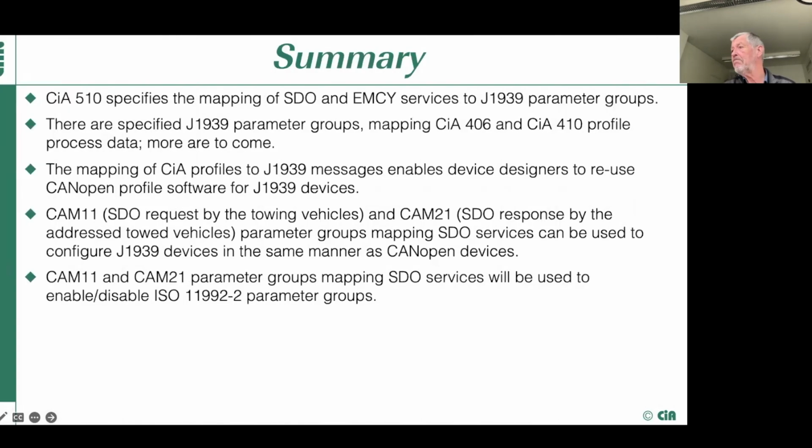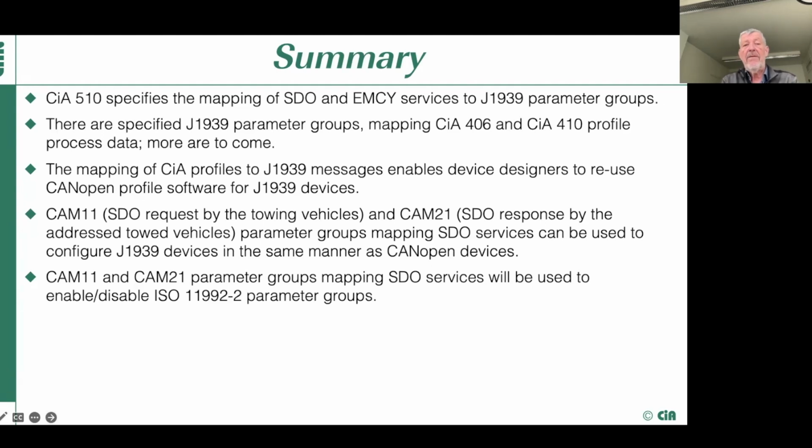Just coming to the more or less last slide. You have seen that CiA 510 specifies the mapping of SDO and emergency services to J1939 parameter groups. So this means in general, we can use the same functionality of CANopen and all the benefits of flexibility on J1939 networks.